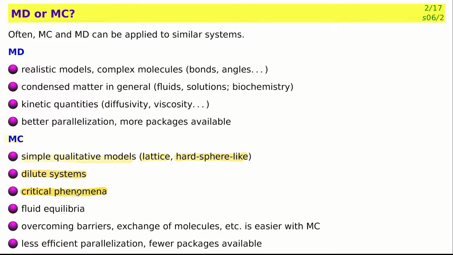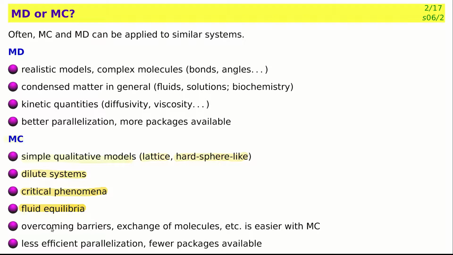Critical phenomena, that is behavior at or near a critical point, can be better studied by Monte Carlo. Fluid equilibria, liquid-gas equilibria, can be studied by special methods that are based on Monte Carlo. You get this equilibrium in one simulation.